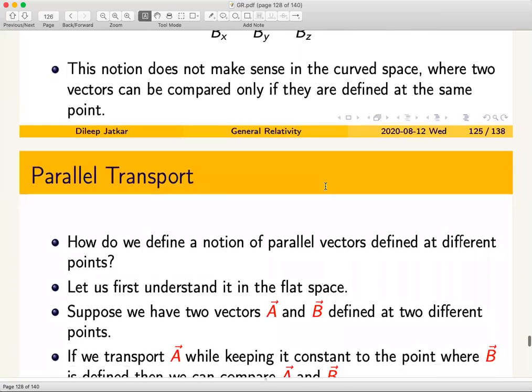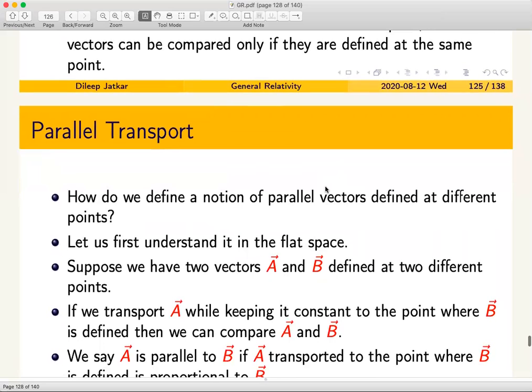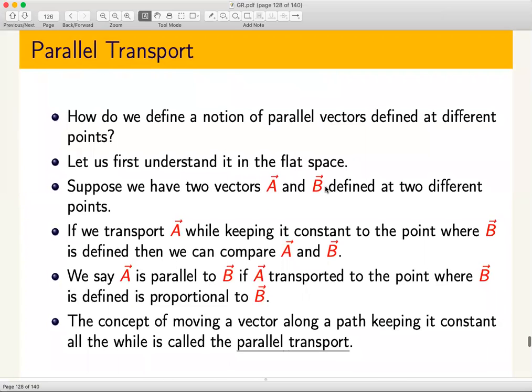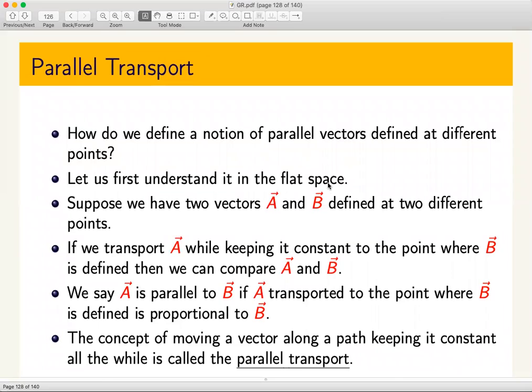But let's start with flat space. Suppose we have two vectors, let's call them A and B, defined at two different points. In flat space, we transport vector A from the point at which it is defined to the point at which vector B is defined, while keeping the vector constant throughout the process of transportation.